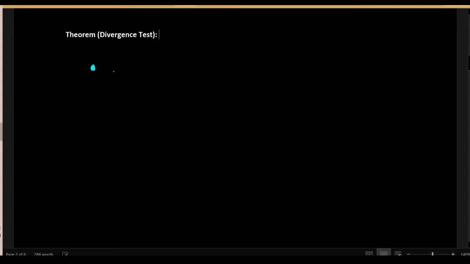Part number one. If you have a sequence, let's call it A sub k, and suppose that this sequence diverges. The sequence doesn't actually converge upon any particular number.